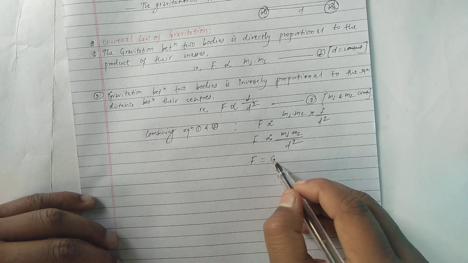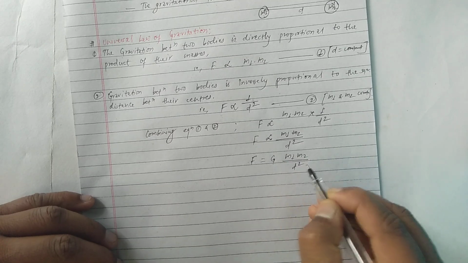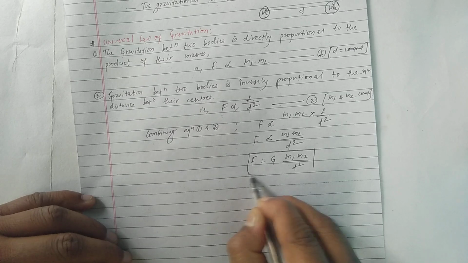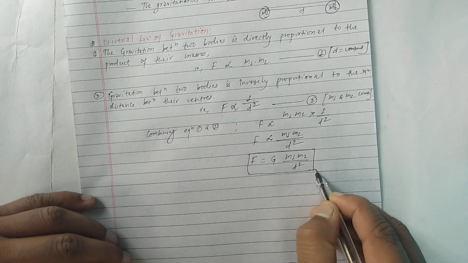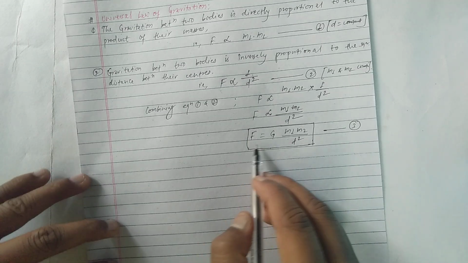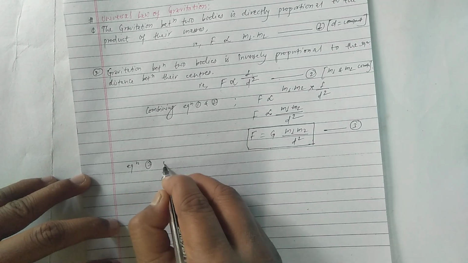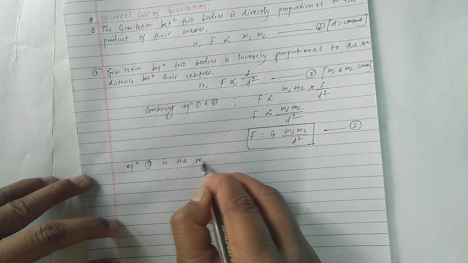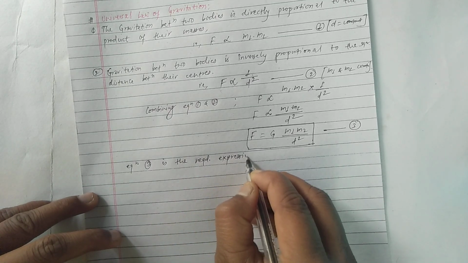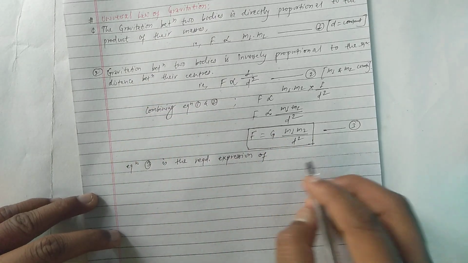So suppose this constant is G: F equals G m1 m2 upon d square. Hence we get the required expression. So equation 3 is the required expression of the gravitational force, or the universal law of gravitation.